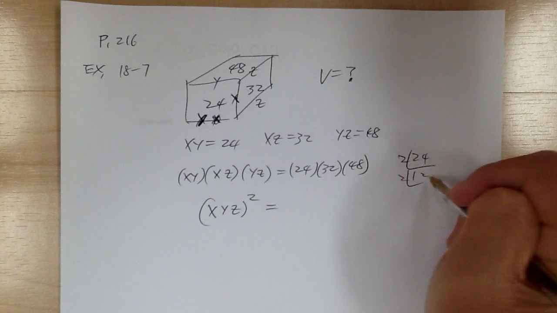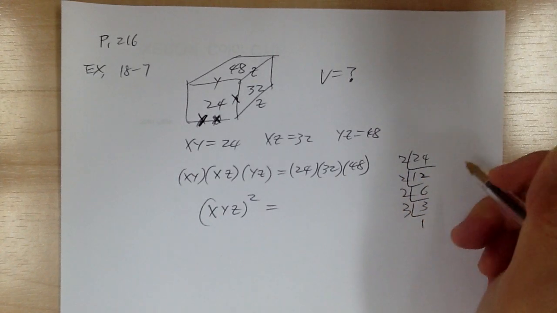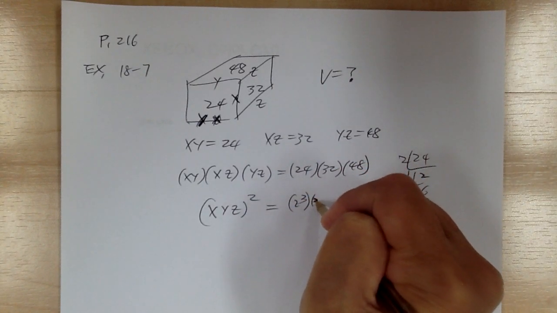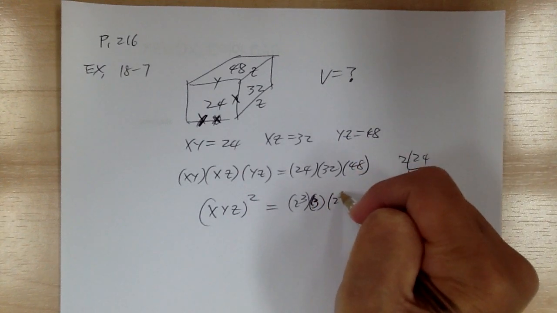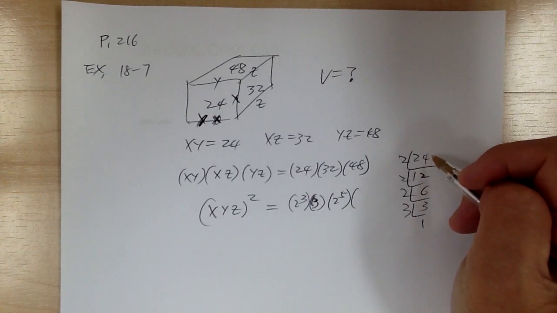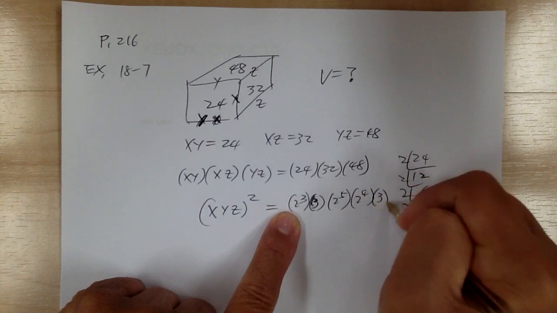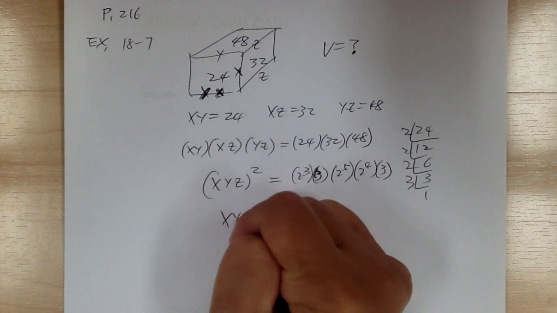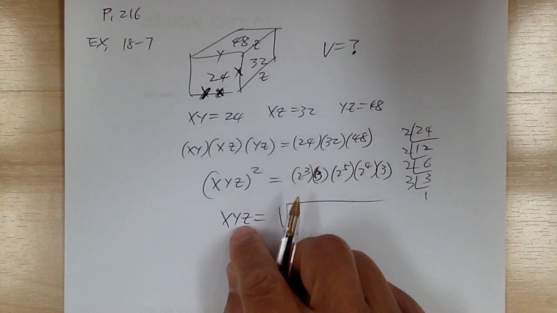So 24 breaks down to 12, 6, 2, 3, so it'll be 2 to the 3 times 3. And 32 would be 2 to the 5. And 48 would be twice that, so it'd be 2 to the 4 times 3. Now when you take the square root, you're going to get xyz equal to the square root of that, and that's your volume. See that?